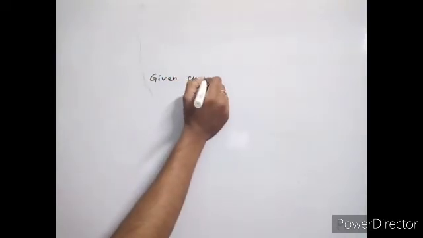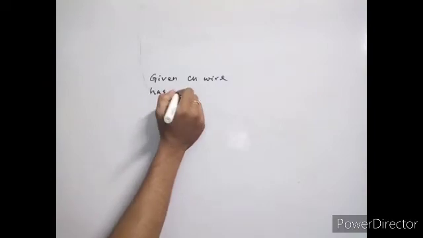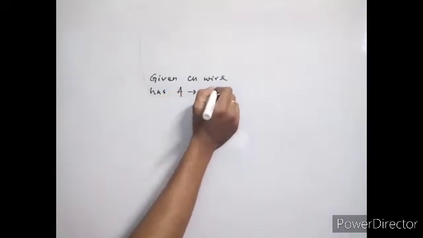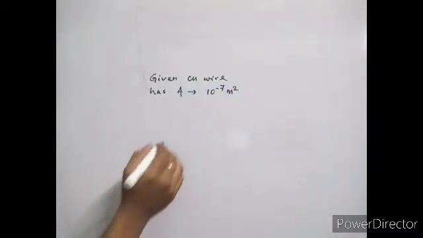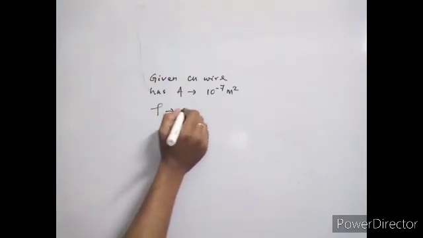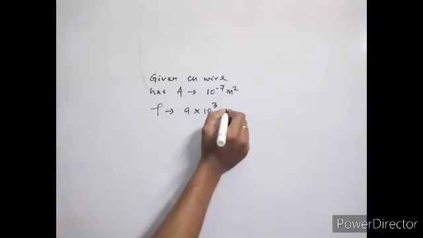What is given over here is that we have a copper wire, and that copper wire has an area of, let's say, 10 to the power minus 7 meters squared area of cross section. And what else? We have the resistivity of, no, it's not the resistivity, it's actually the density.